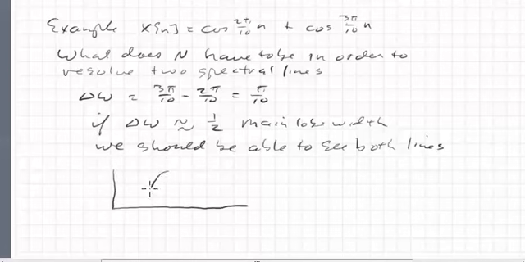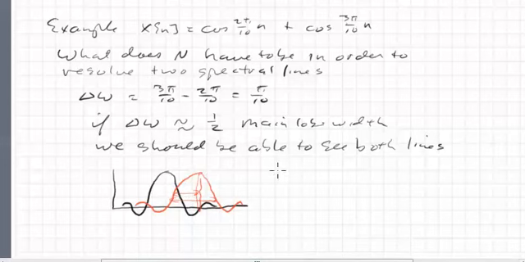If this is one of them, and this is the other of them, as long as the distance between them is about half of one lobe, here's one lobe width from there to there is a whole lobe, but if the separation is just 1/2 of that, we should be able to see the presence of the two lines.